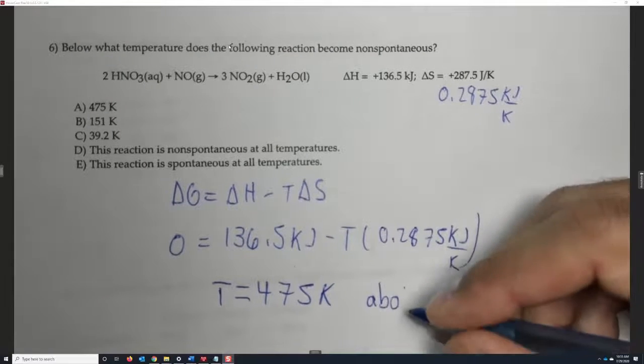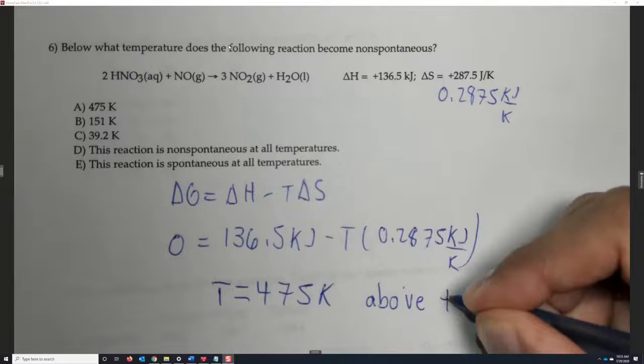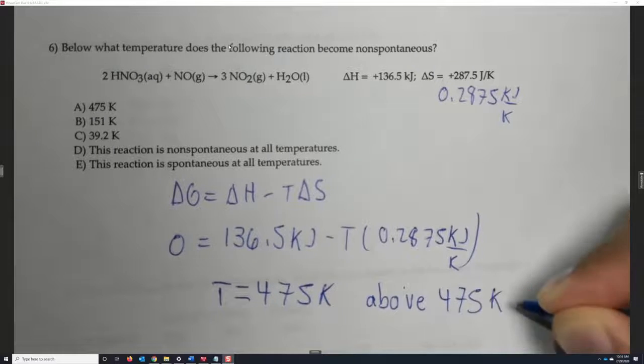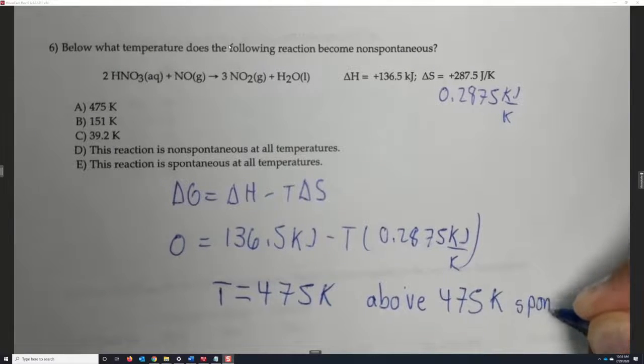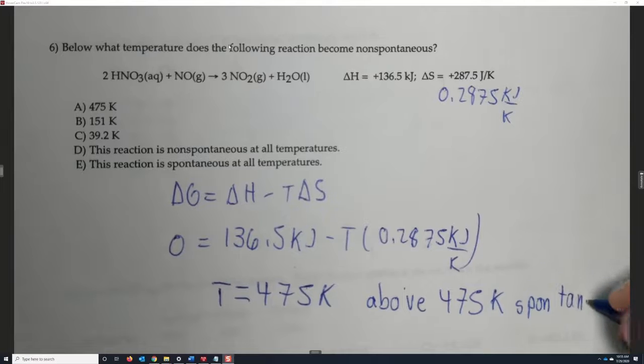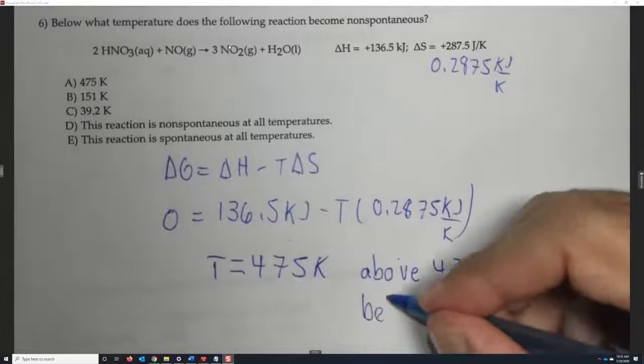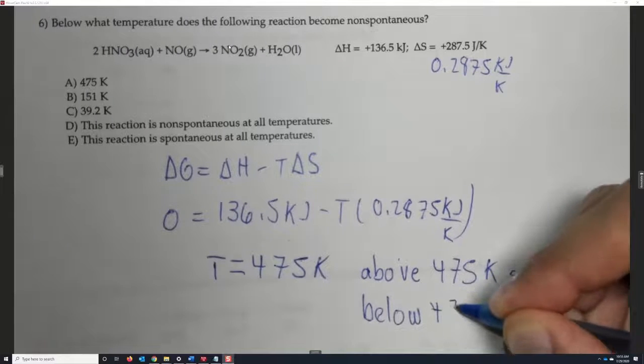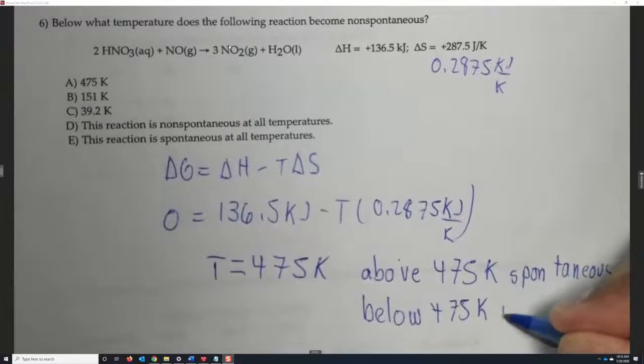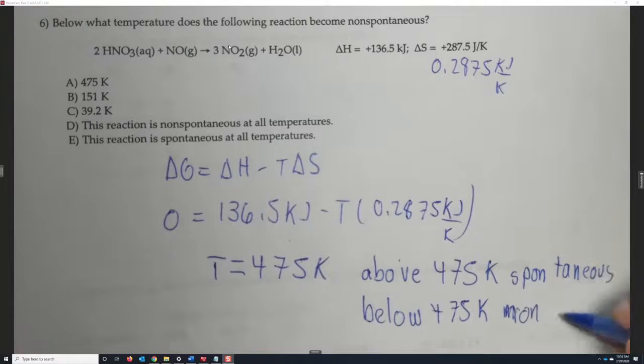Above 475K, this reaction is spontaneous. Below 475K, this reaction is non-spontaneous.